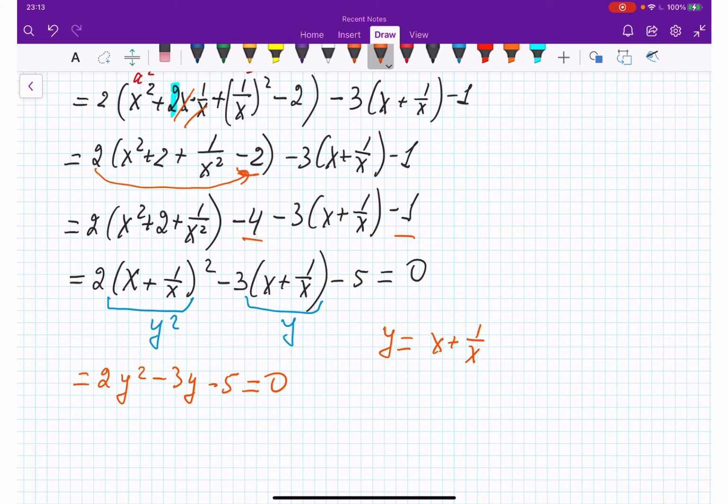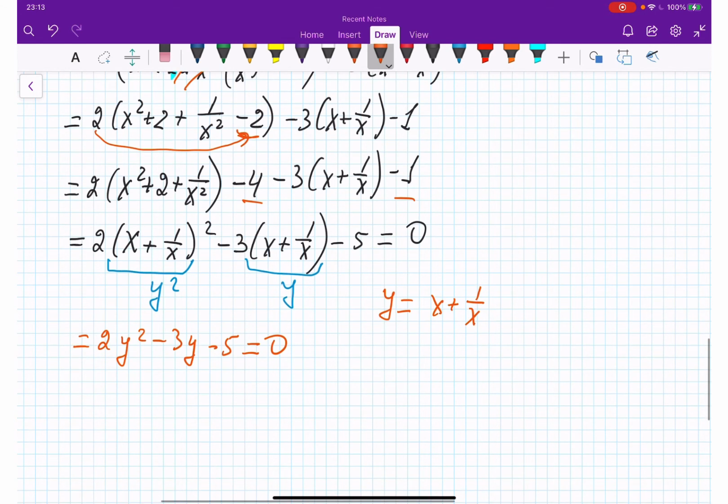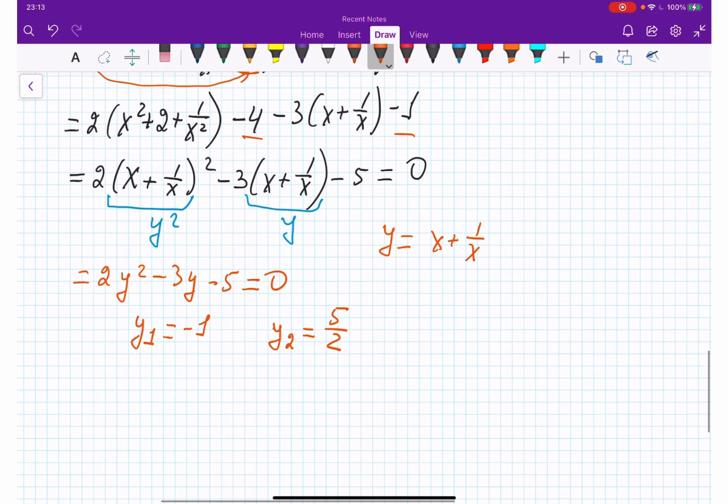Okay, so if you solve this quadratic equation, you are going to get y1 equal to negative 1, and y2 is going to be equal to 5 over 2.